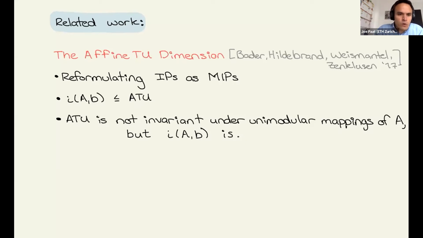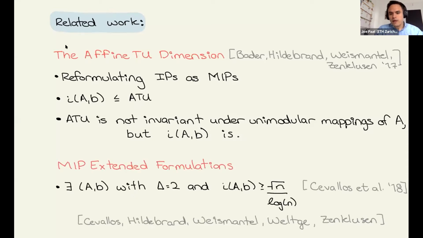Another piece of work I'd like to mention is a recent paper by Alfonso Cevallos, Stefan Weltge, and Rico Zenklusen that appeared in SODA a few years ago. They considered mixed integer extended formulations. It's a very interesting paper, but just to highlight one result, they show that even if we change this delta parameter from 1 to 2, you can find examples of polyhedra where the integrality number is already square root of n.